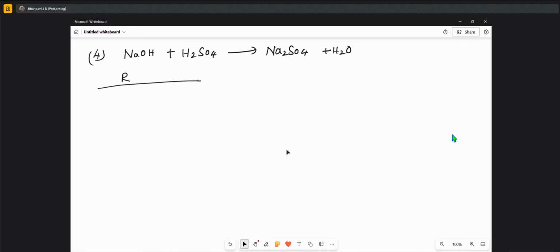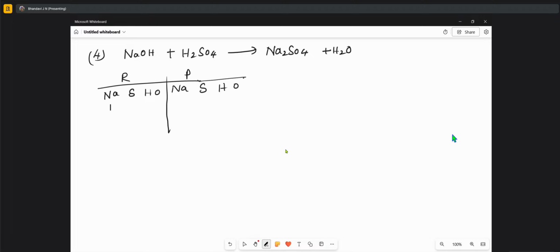Next one: NaOH plus H2SO4. We will get Na2SO4 plus H2O. Reactant side has sodium, sulfur, hydrogen, oxygen, and the product has the same.